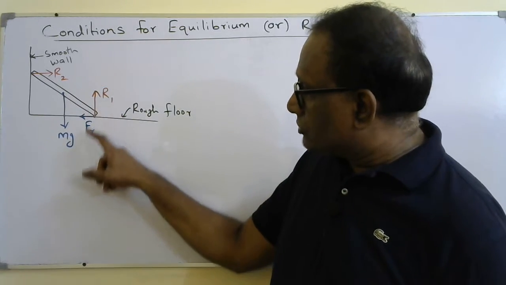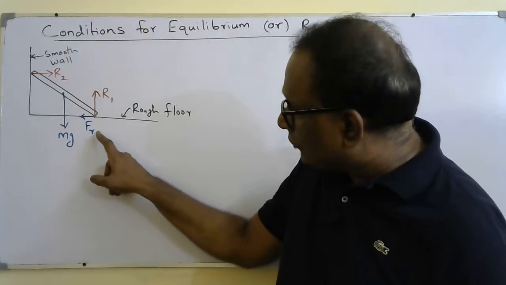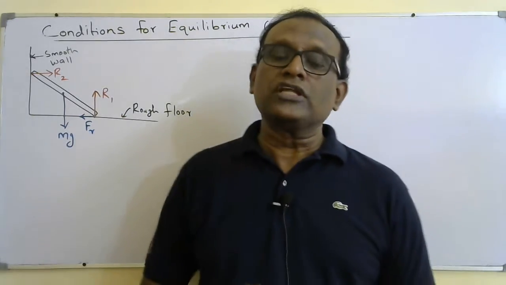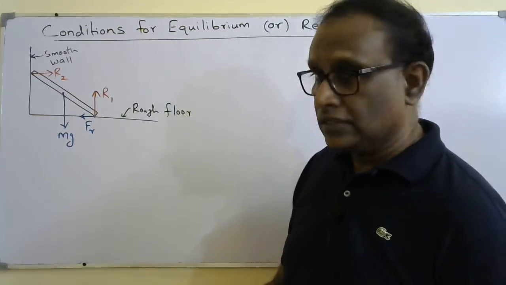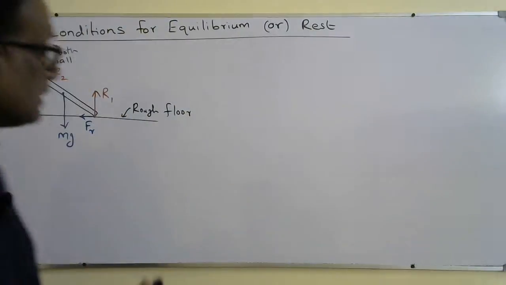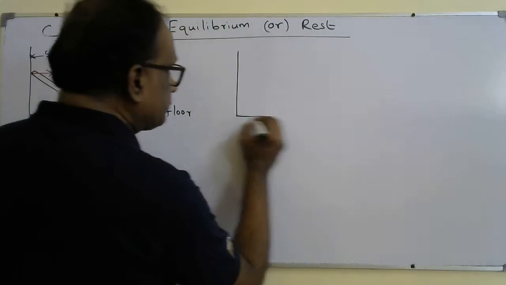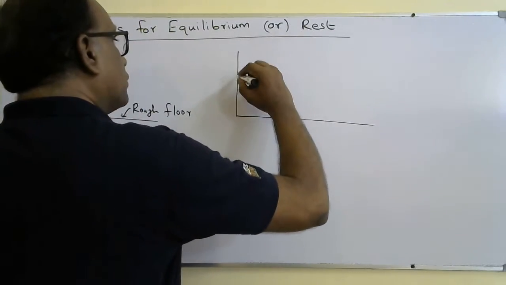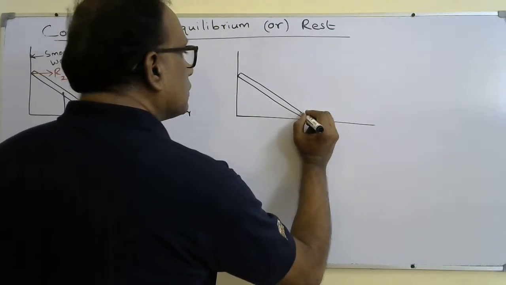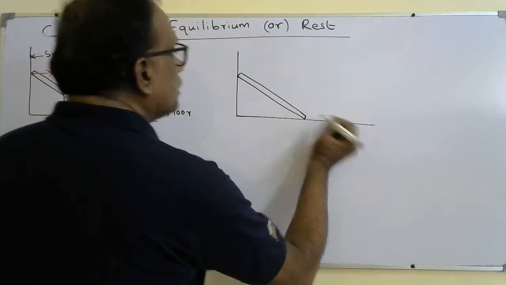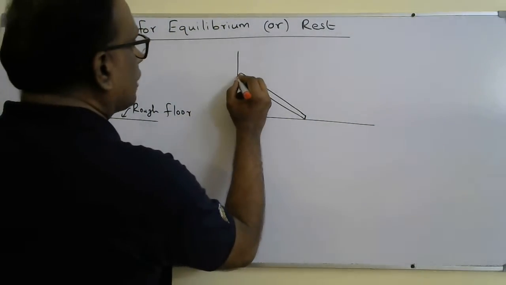Now these two forces, Fr and R1, I can convert and find the resultant of Fr and R1. If I know the numerical values, I can find the resultant of Fr and R1. So if I think about the resultant of Fr and R1, I am drawing the diagram again. The normal reaction from the wall will act in this direction, R2.